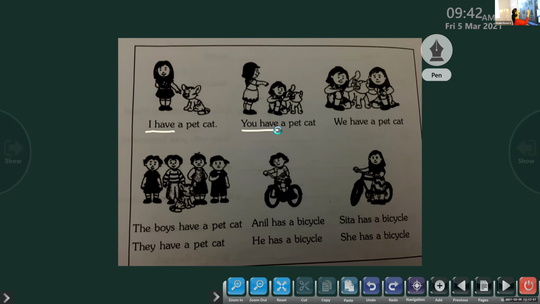I, you and we. We is 2 or more than 2 people. We will use the word have. I have a cat. You have a cat. We have a cat. So with these 3 words, I, you and we must use the word have. Are you able to remember now?